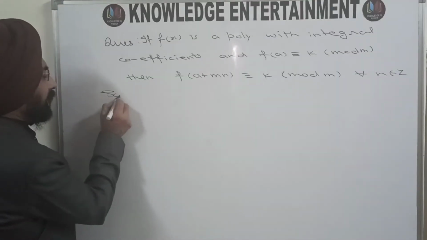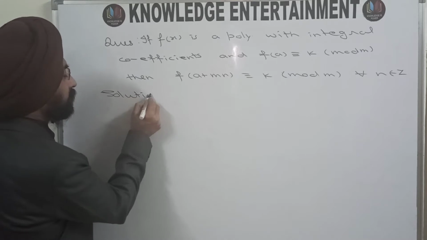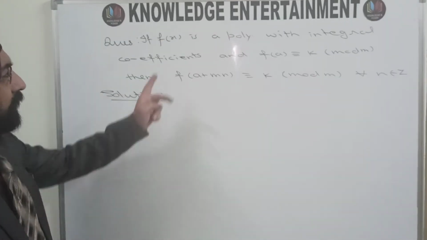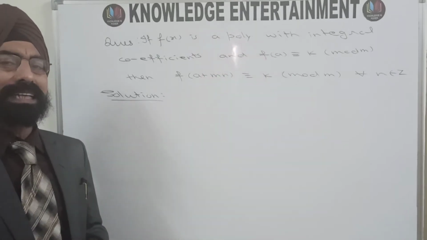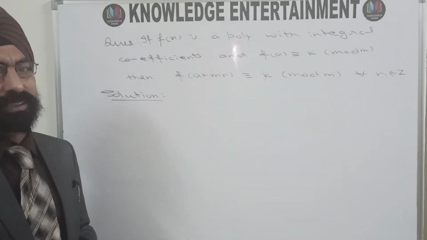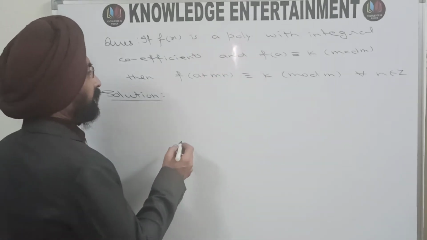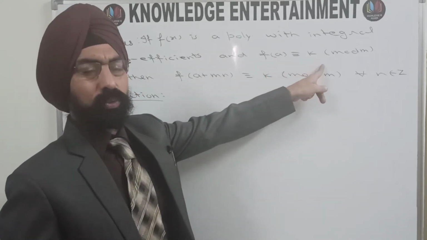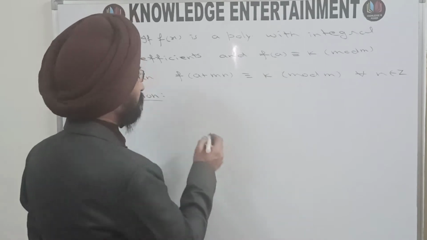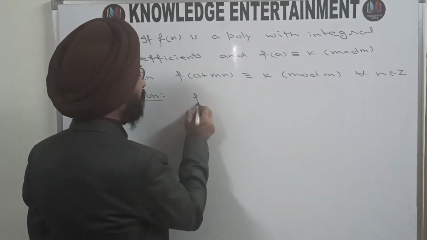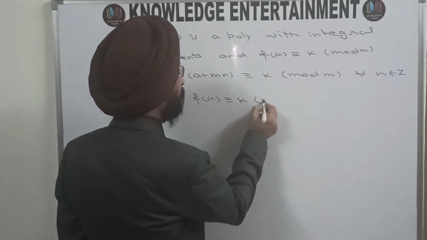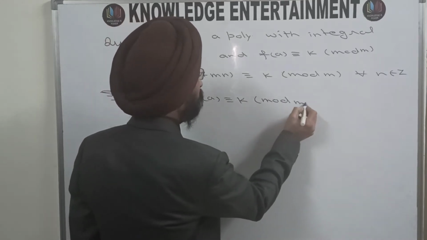Let us have a look at the solution. What we are given: f(x) is a polynomial with integral coefficients, and secondly we know that f(a) is congruent to k modulo m.